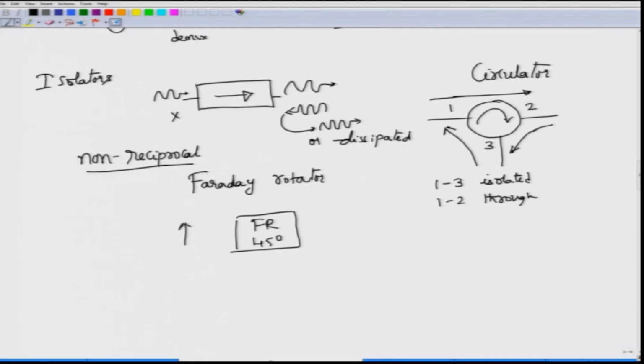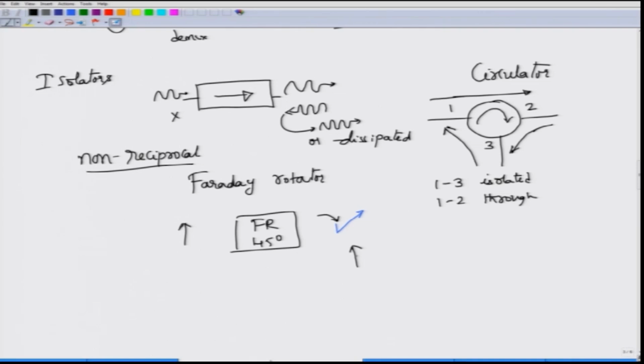So, if I come in with such vertically polarized light, then the Faraday rotator will rotate the polarization by a 45-degree angle. Okay. So, the output will be 45-degree polarized light. What will happen if I come in from the other direction?